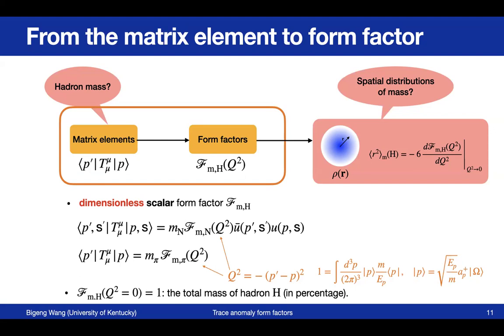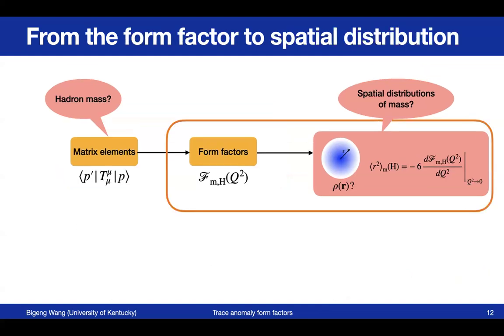One thing to keep in mind is that under such a definition, the scalar form factor in the forward limit equals 1, so that we get the total contribution to the mass of the hadron, which in percentage is just 100%.